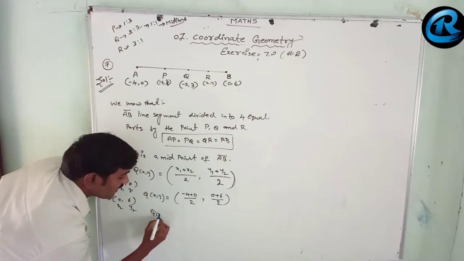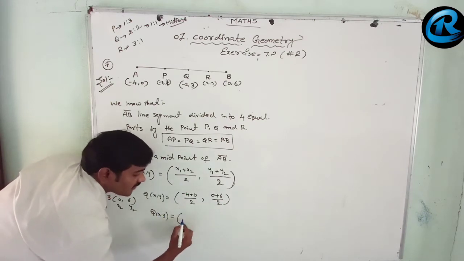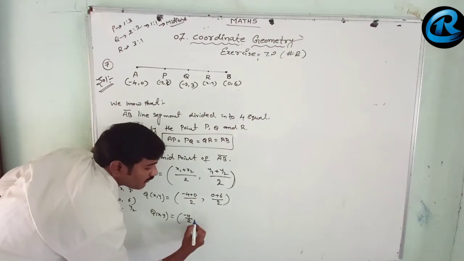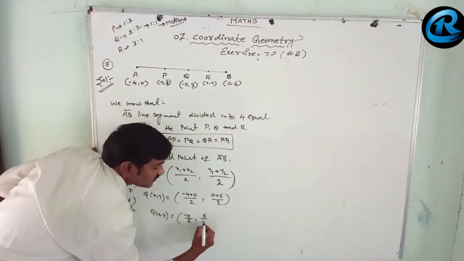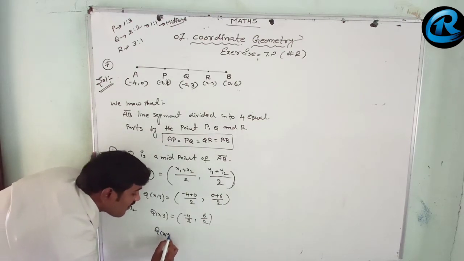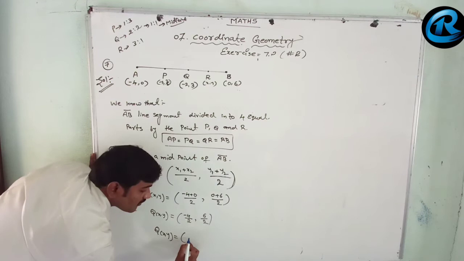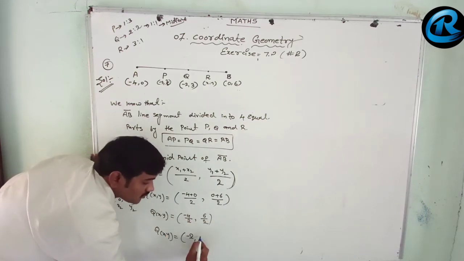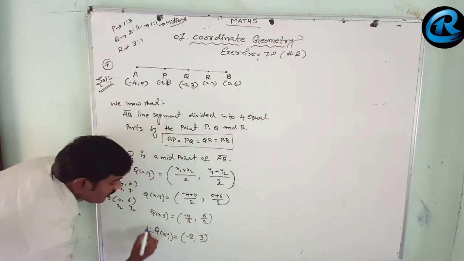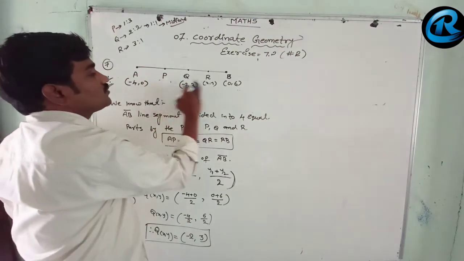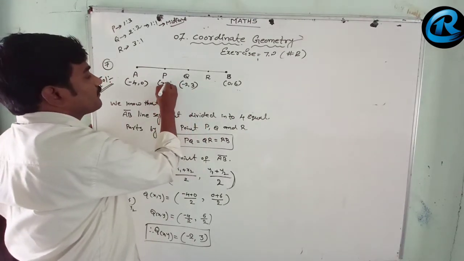That is minus 4 by 2 comma 6 by 2, which simplifies: minus 4 by 2 is minus 2, and 2 threes are 6, so 3. So we get Q(x, y) equal to minus 2 comma 3.